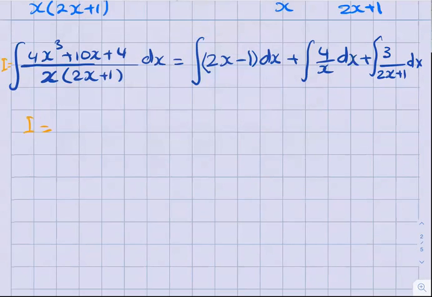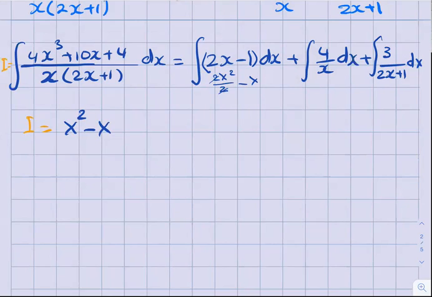So the integration for 2x minus 1 is going to be, well, 2x squared over 2 minus x. So cancel the 2's here. So we get x squared minus x. And then plus 4 over x.